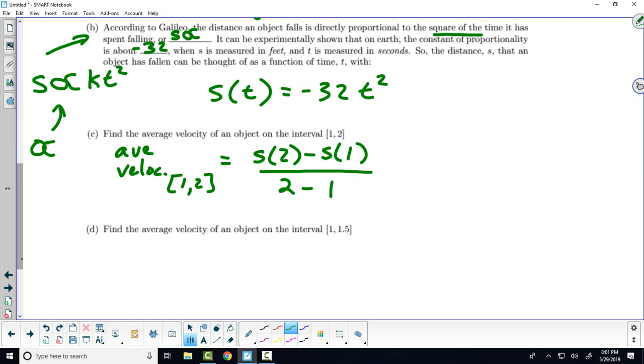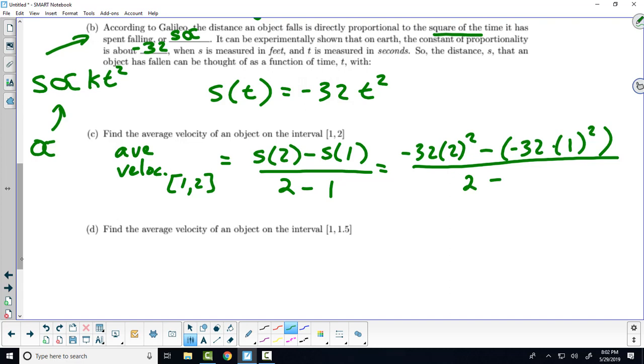Okay? So let's see here. We plug these in. We get negative 32 times 2 squared, minus parentheses negative 32 times 1 squared, all over 2 minus 1.